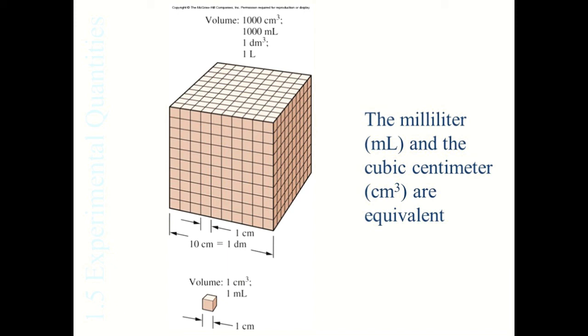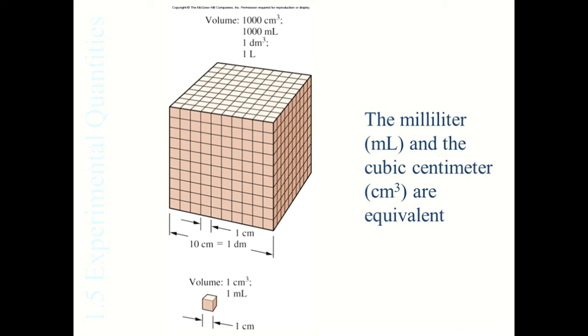So you can determine a specific volume to be either a liter, perhaps, or you could describe it in cubic centimeters. So centimeters cubed, like this little cube here is 1 milliliter, which also equals 1 cubic centimeter. So if I measure the length, width, and height on that, and I multiply those 3 things, that's cubic centimeters.